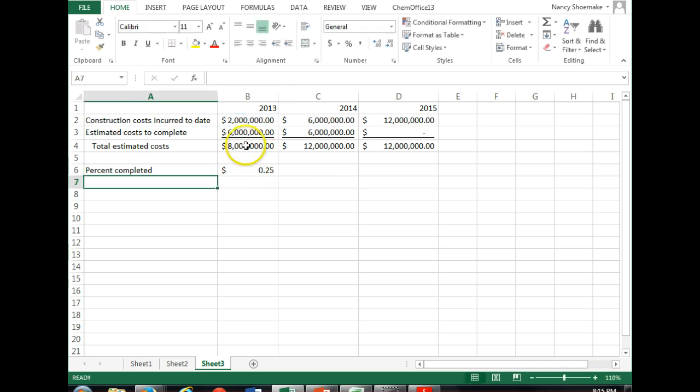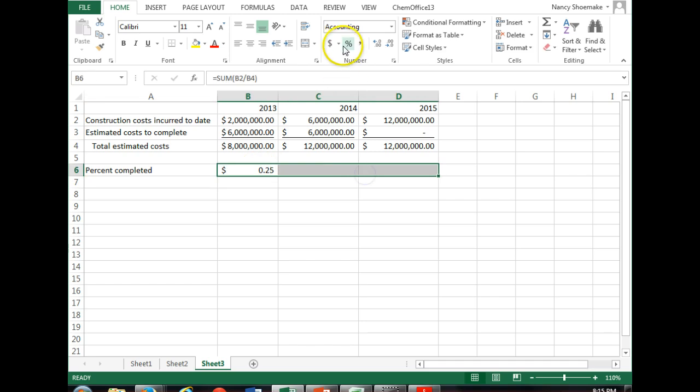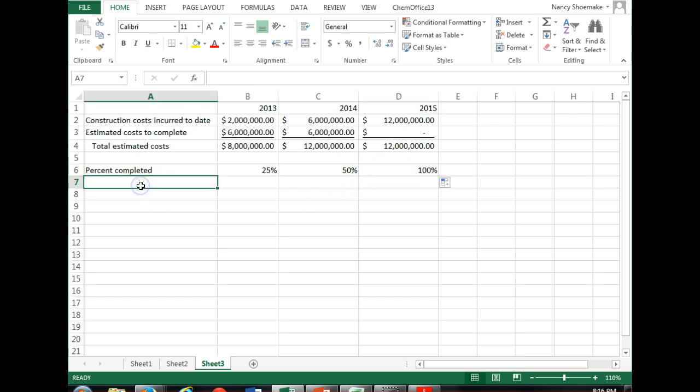So for here, we've got percent completed of 25%. Here we've got percent completed of 50%, and then we have percent completed of 100%. Okay?